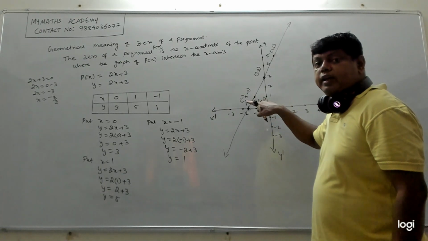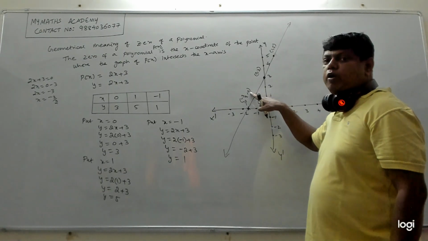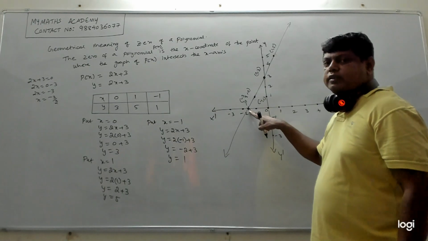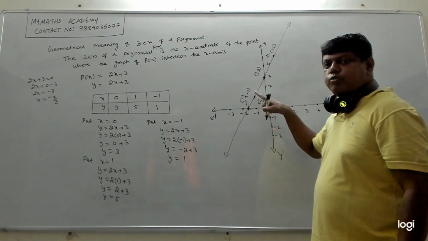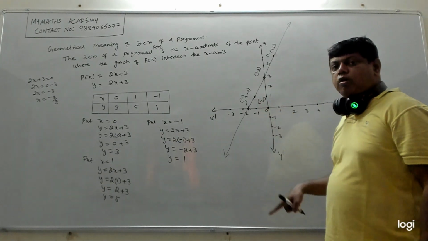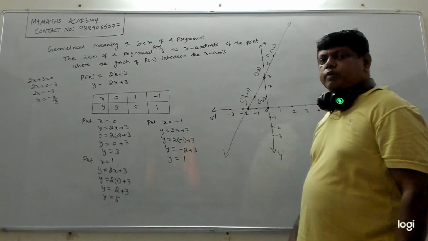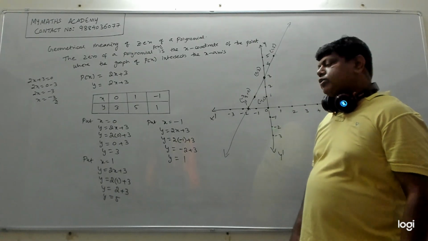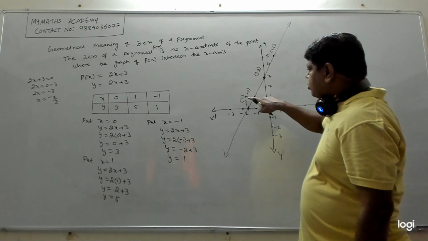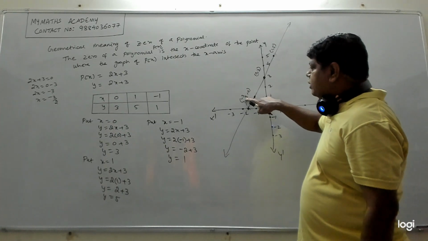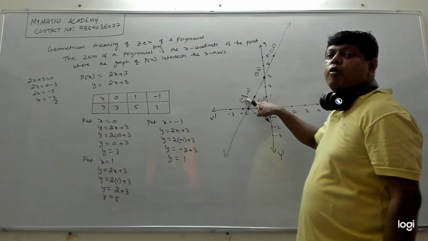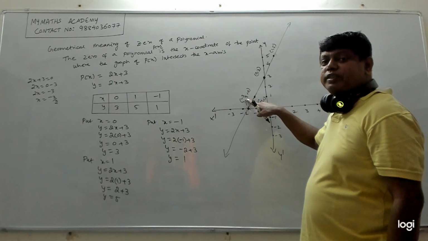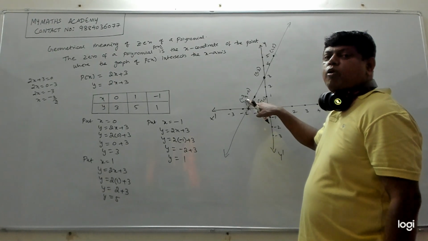Your y-coordinate will always be 0 because we are taking a point on the x-axis. Any point on the x-axis has y-coordinate 0. That's why y equal to 0 is called the equation of the x-axis. Now we check the x-coordinate. The x-coordinate is minus 3 by 2, so minus 3 by 2 is the zero of the polynomial.